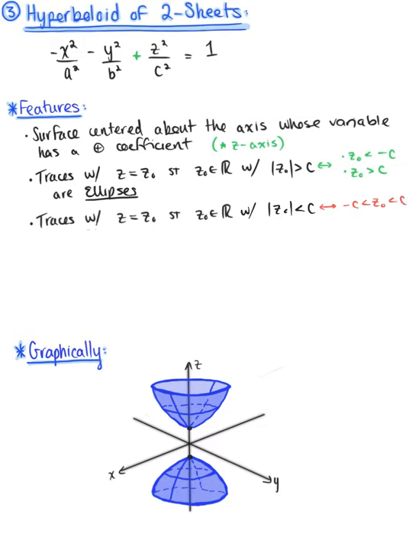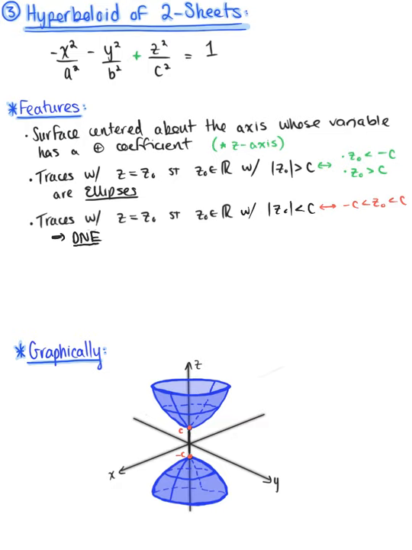These traces do not exist, so there are no traces. You can see that by looking down at your graph here, these vertices of our surface are occurring at positive c and negative c. Notice that for any z value in between those two values, there's no surface, so those traces do not exist.